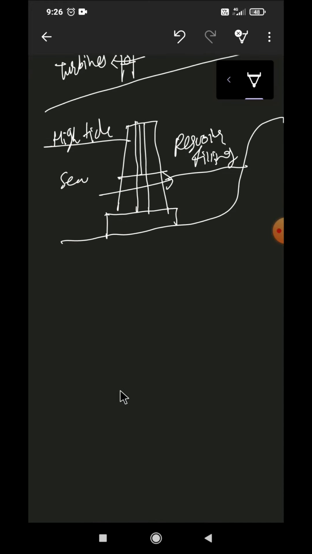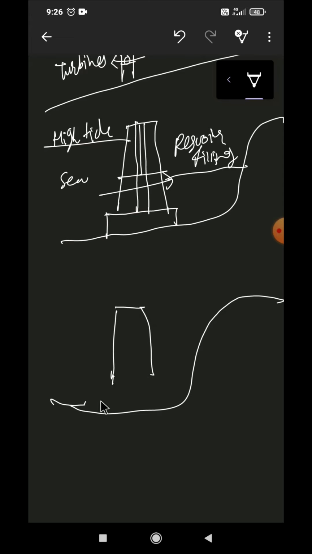So in that case, what will happen? So similarly, we are drawing the diagram. So there's a dam. So if there's a low tide and the reservoir is fully filled, the water will move from the reservoir to the sea.